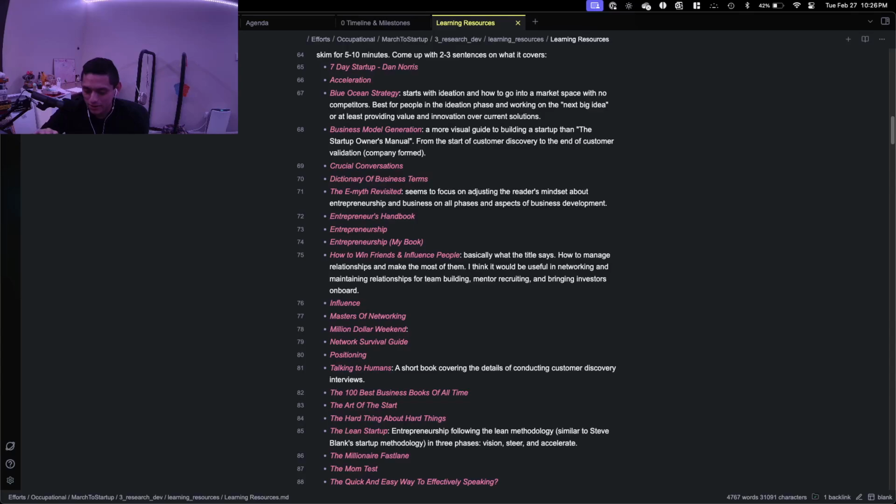Definitely a bit more modern if you hate the way that books are typically structured. Nice, I like it. That's probably going to go in my top.